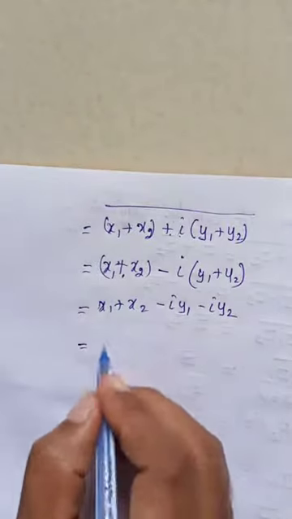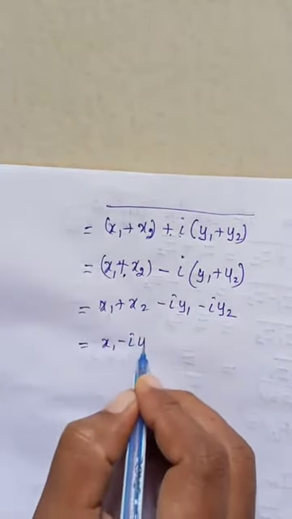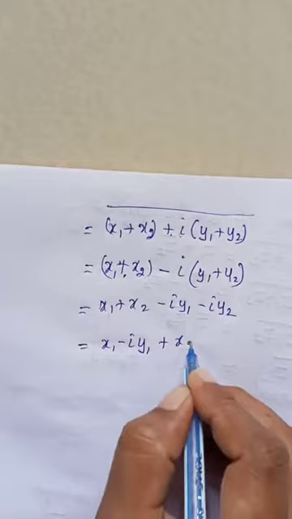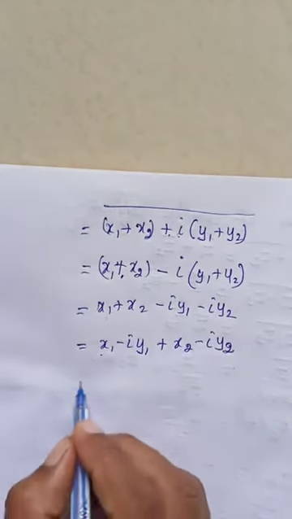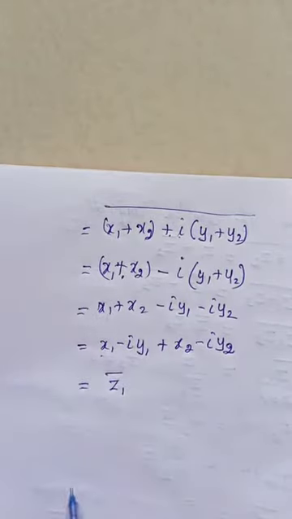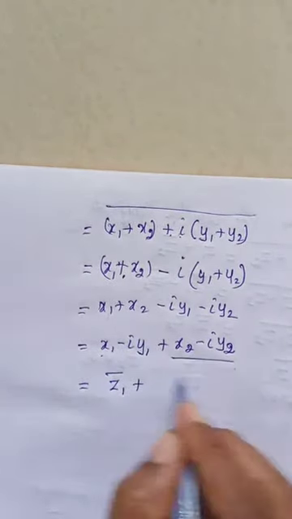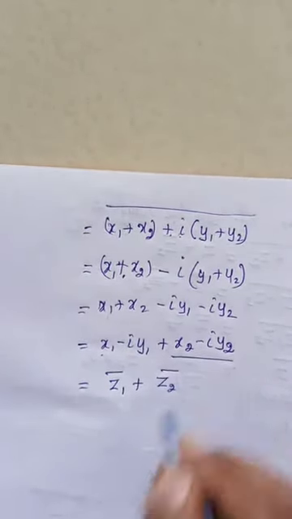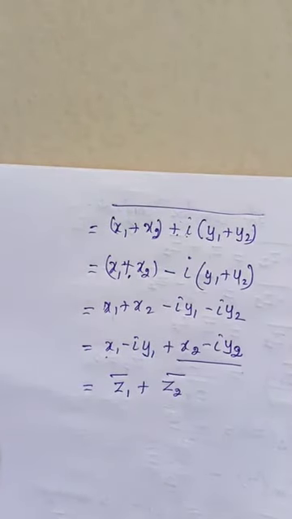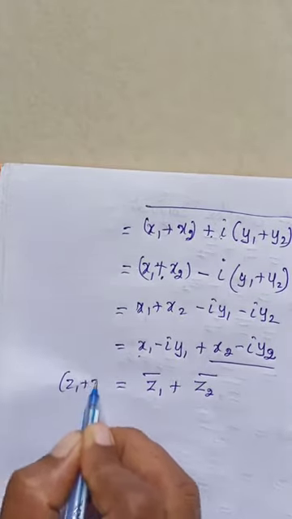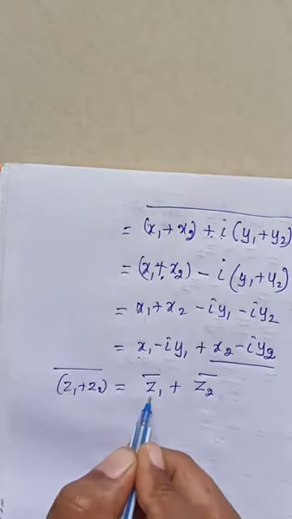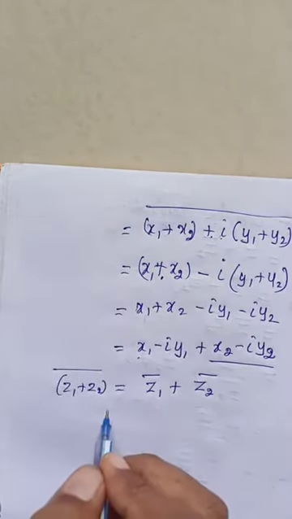Now I am combining together: x1 minus i y1 plus x2 minus i y2. Actually, this is the conjugate of z1 and this is the conjugate of z2. Isn't it? So z1 plus z2, the whole bar, we have got z1 bar plus z2 bar.